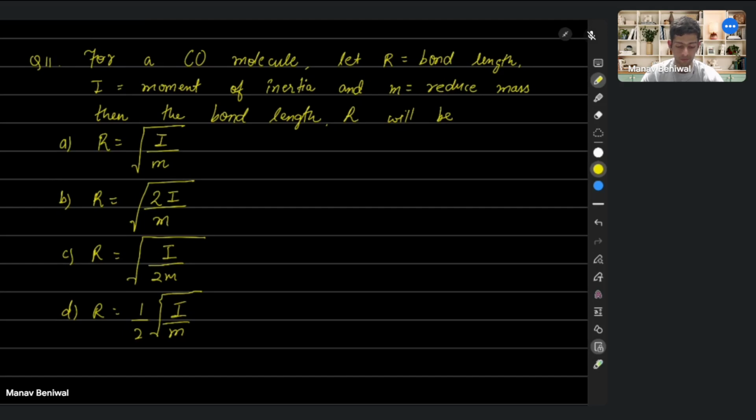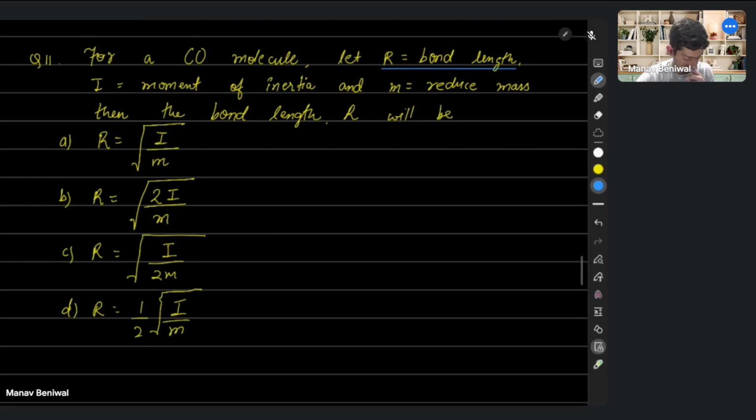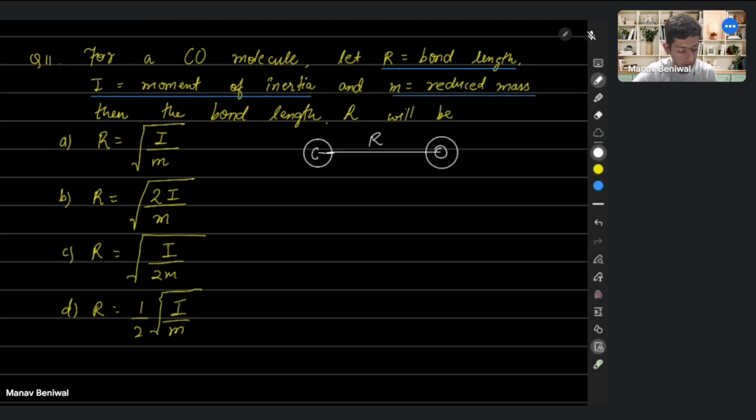So this is the last question for today, and you can see we are given that R is the bond length, I is moment of inertia, and M is reduced mass, and then we have to find the bond length R in terms of I and M. Let's say this is C, let's say this is O. Then this is R, and this is what we are required to calculate, that what will be the bond length.